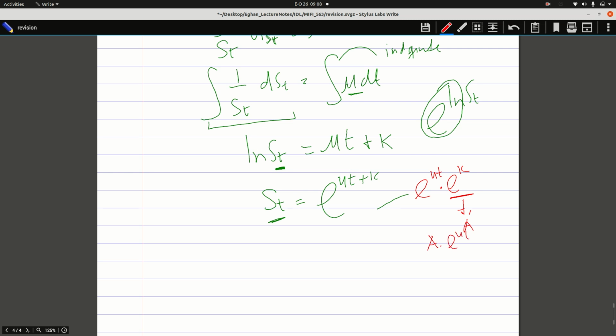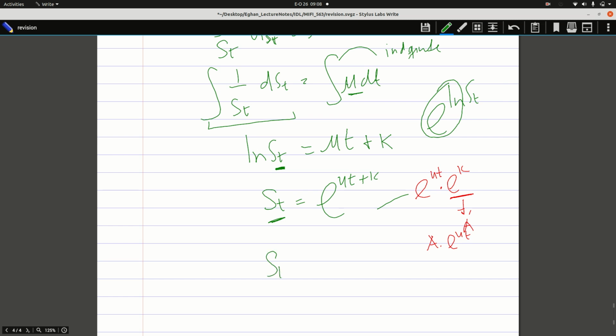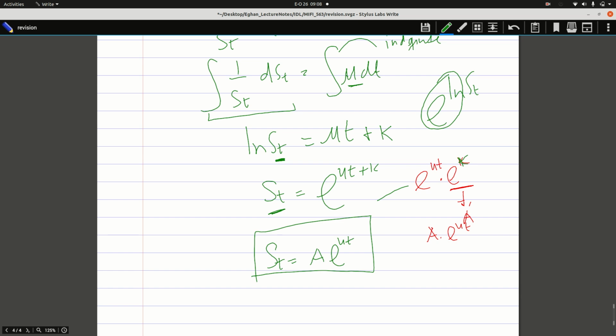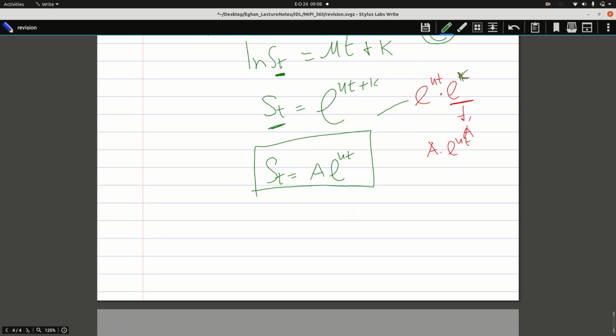Right, so let's go back to a green pen. It means that my S(t) is giving us A exponential mu t at any given time t. But we don't know what that is, because A is exponential of some constant k. How do we get that? If we know the initial stock price, it means at time 0. So someone says at time 0, what is the price of the asset?